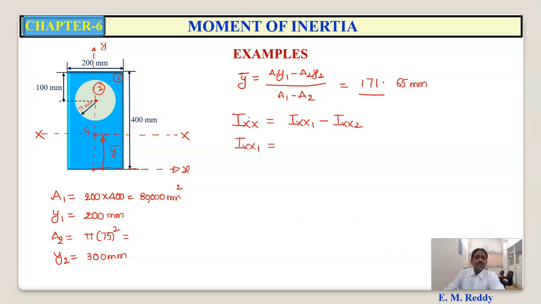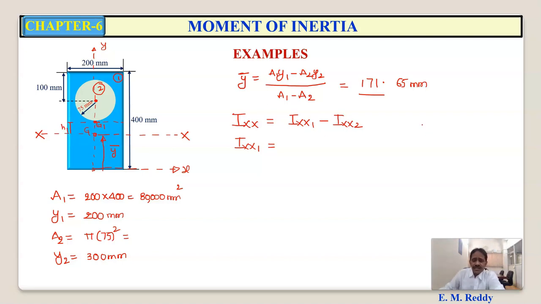Ixx1 means moment of inertia of rectangle about the centroidal x-axis of the whole section. So for a rectangle, we know that centroid is located at 200 millimeters height. So this I will say G1. G1 is the centroid of rectangle 1 and G is the centroid of the whole section. So the distance between them is H1. Am I right? Distance between the two axes.